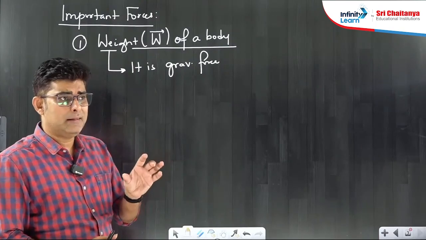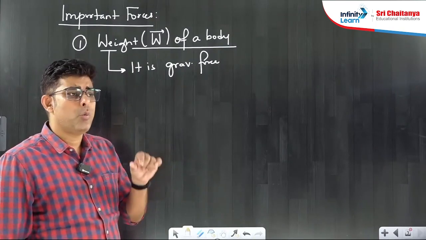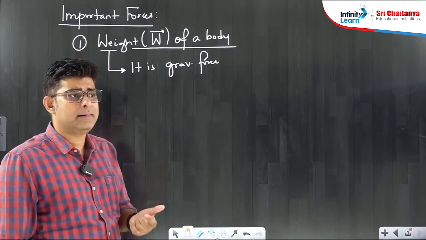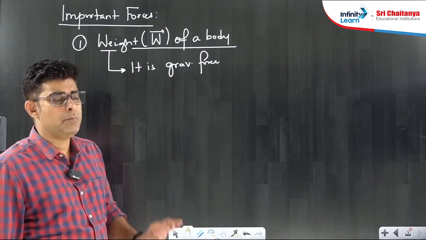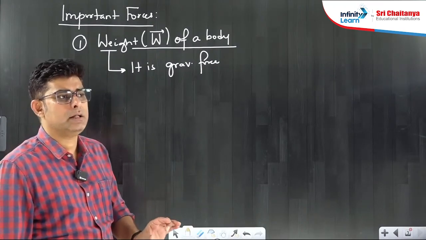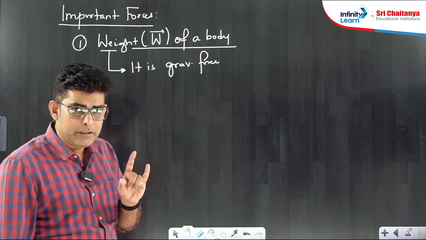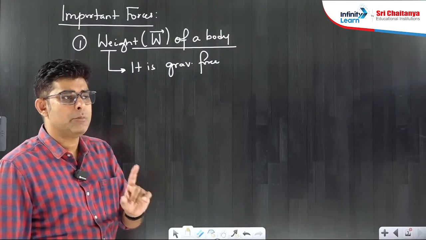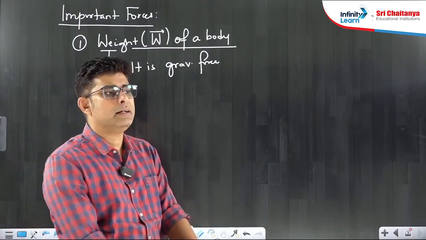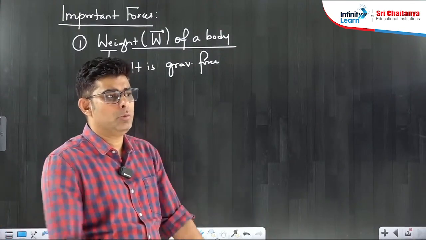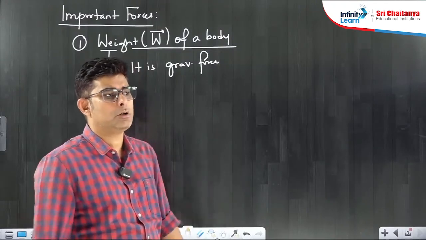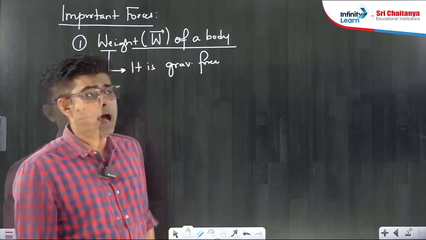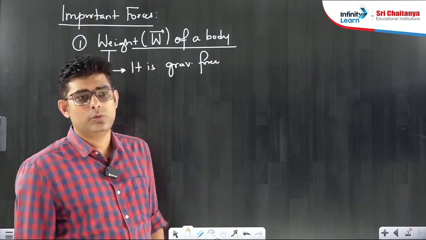If my mass is m, then what force am I exerting on the ground? I am asking what force am I exerting on the ground? Tell me the value also and tell me the name of the force also. Am I exerting my weight on the ground? Is it a correct statement or not? No, I am not. I cannot exert my weight on the ground.